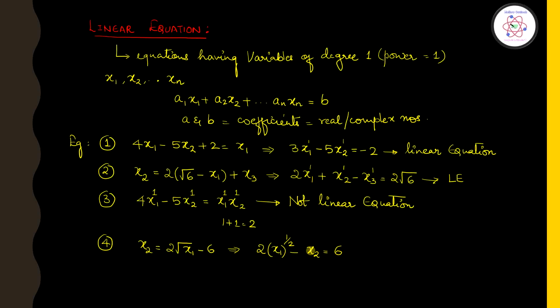The variable x1 has a power of half, while x2 has a power of 1. Since the power is not equal to 1 for all the variables, this is not a linear equation. To summarize, linear equations are equations having variables of degree 1 only, or power equal to 1 only.